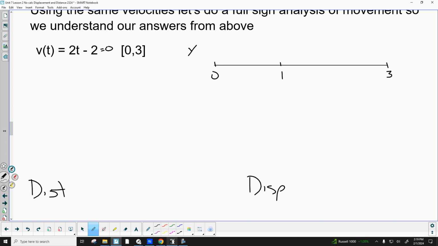Do a full sign analysis of your derivative, please, so that you know about your position.